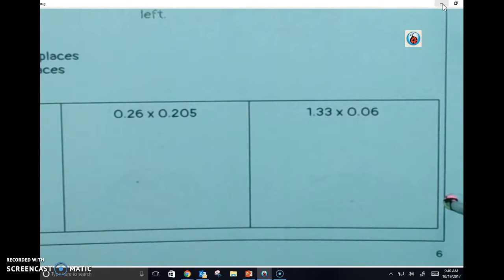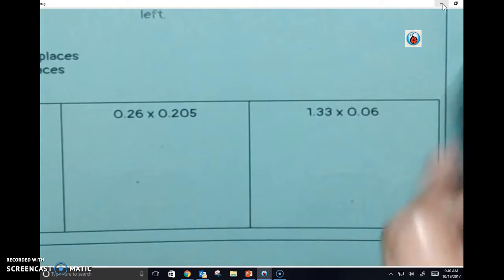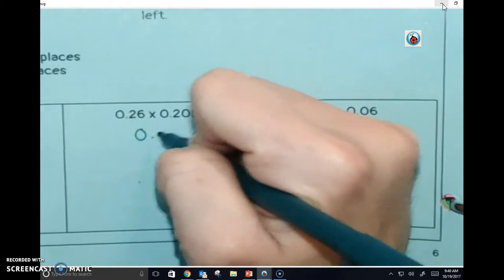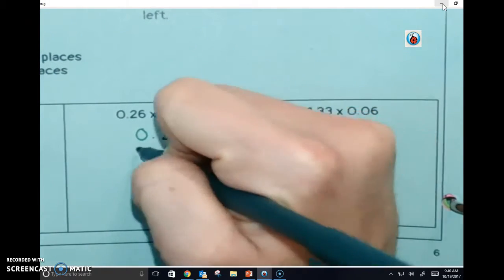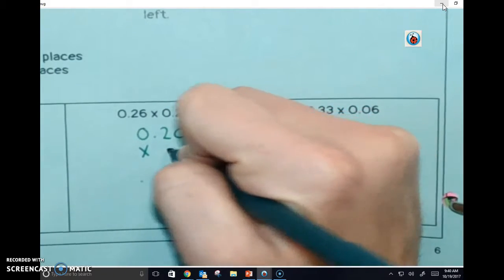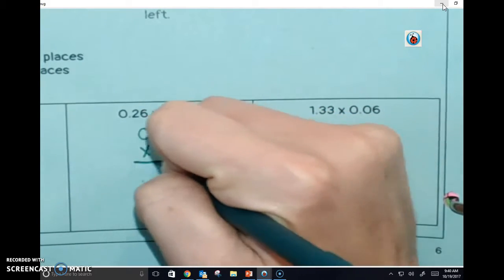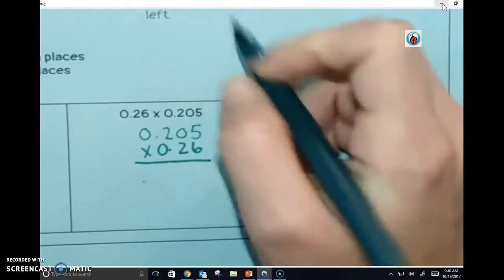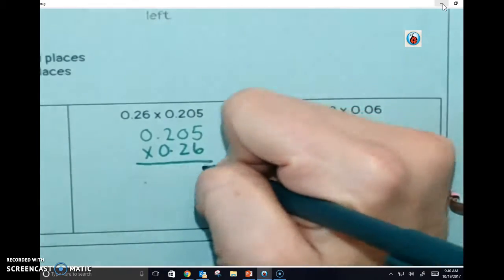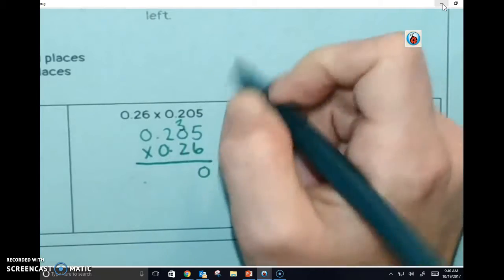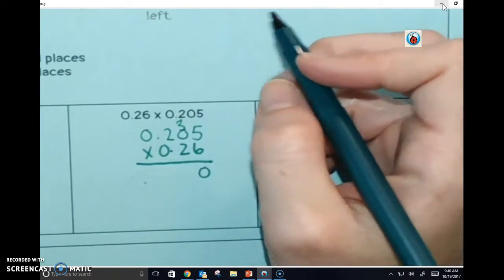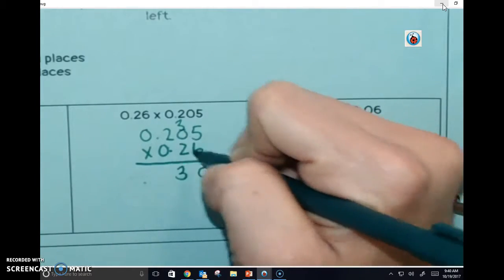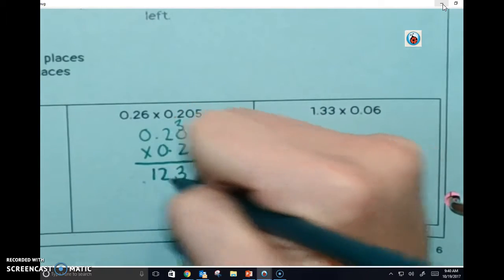Our next one. Which one do you want on top? Allie. 0.205. Okay, so it's like we're going to have 205 on top times 0.26. I'll add a 0 in, I guess. So 5 times 6 is 30. 6 times 0 is 0, plus 3 is 3. 2 times 6 is 12.